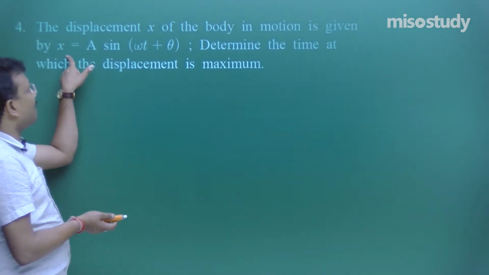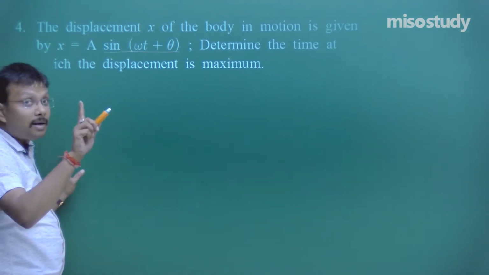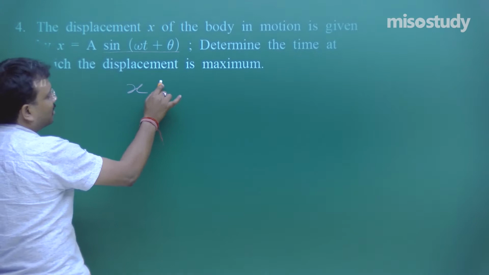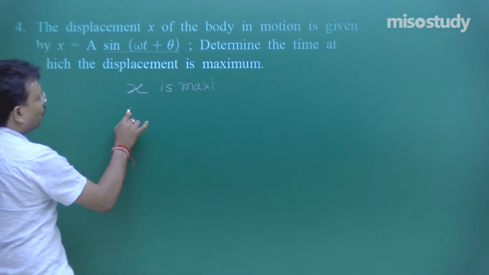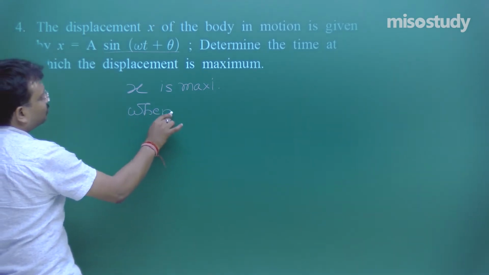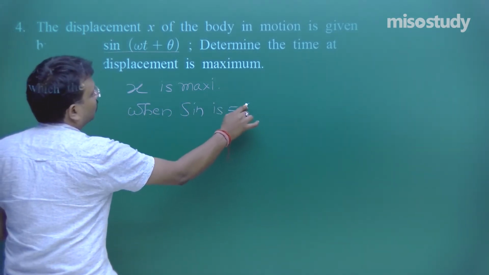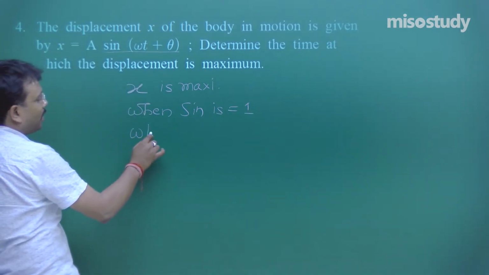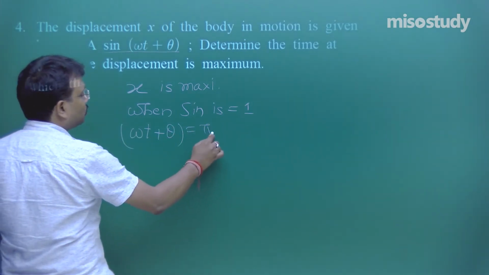So x will be maximum when sine is equal to 1. Simple. So omega t + theta = pi/2.